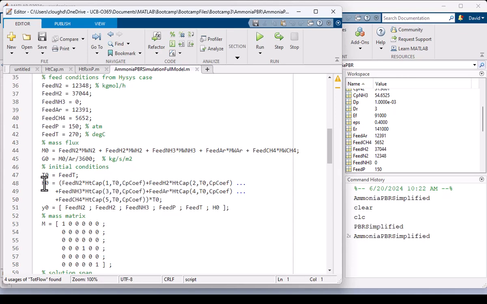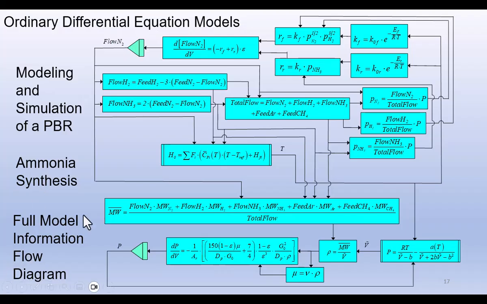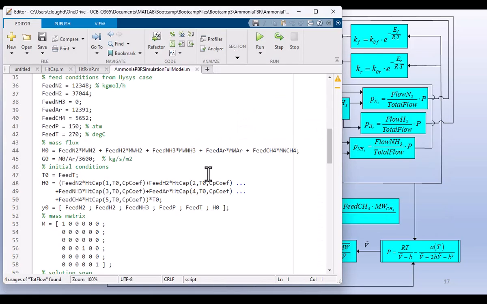And that's the one from our model here, the H0 value that we need in order to solve this for temperature.